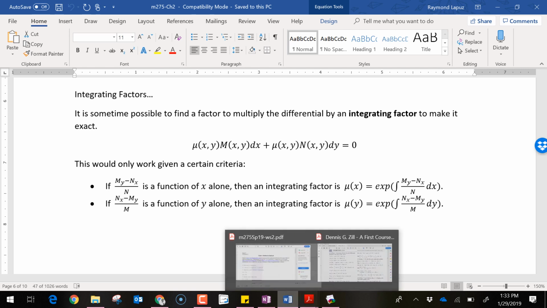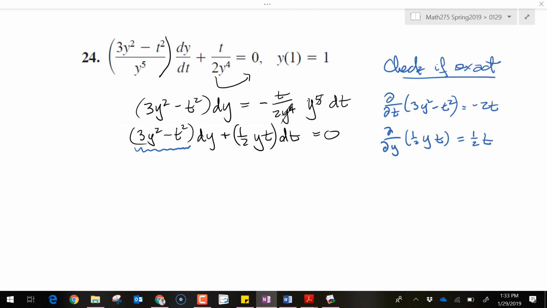Anybody who's interested can finish this problem using the integrating factor and videotape yourself explaining this problem. Okay? So I'd like to see this. I'd like to see you and this problem being done. So an appropriate place to do it would be on a whiteboard or something.